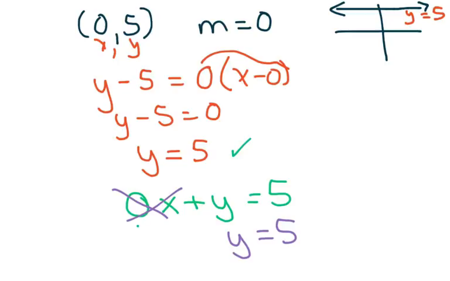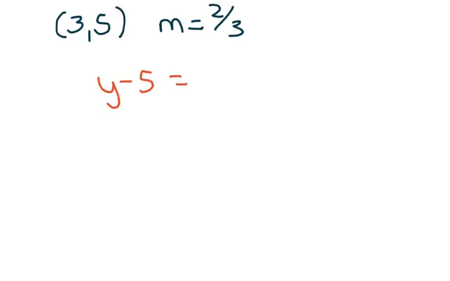Okay, let's do one with a fraction. How's that? That's always fun. All right, let's do 3 comma 5, and my slope is a fraction, 2/3. So it's going to be y minus 5 equals 2/3 times x minus 3.